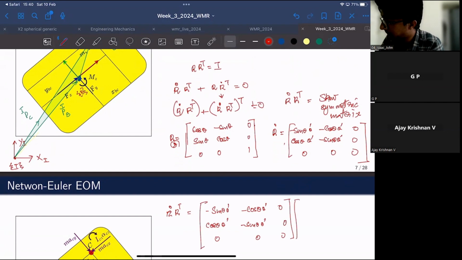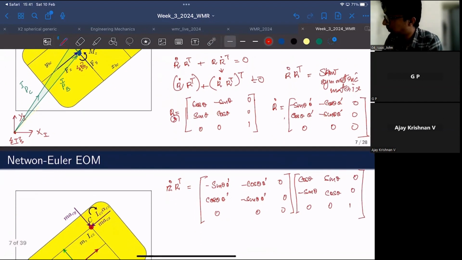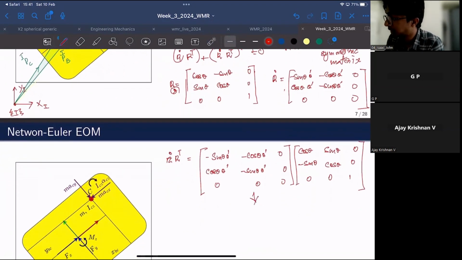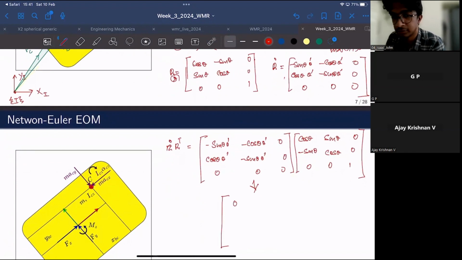This is multiplied by the transpose of the rotation matrix, which is cos theta, minus sine theta, 0; sine theta, cos theta, 0; 0, 0, 1. If you multiply this together, I'm not showing the term-by-term multiplication, it will be 0, minus theta dot, 0; theta dot, 0, 0; 0, 0, 0.